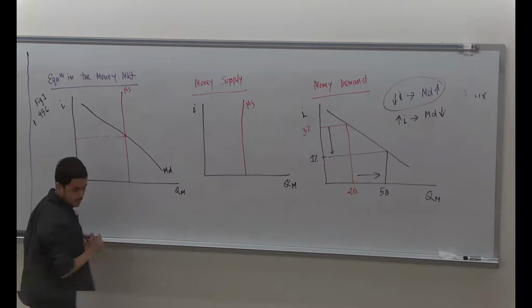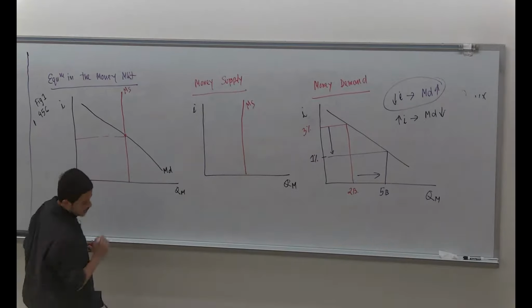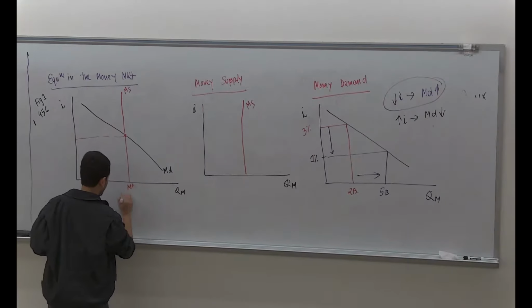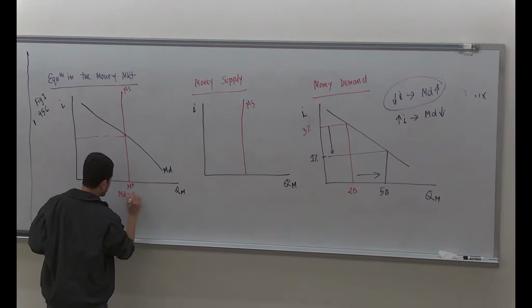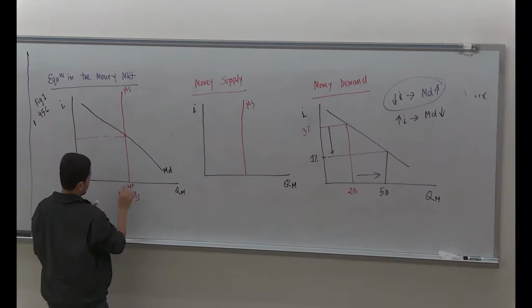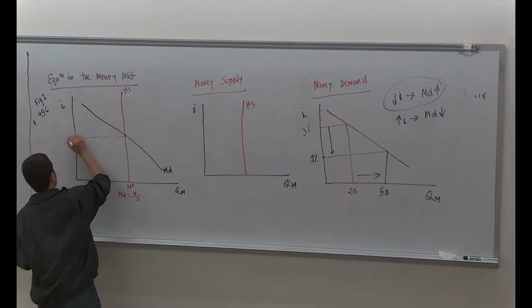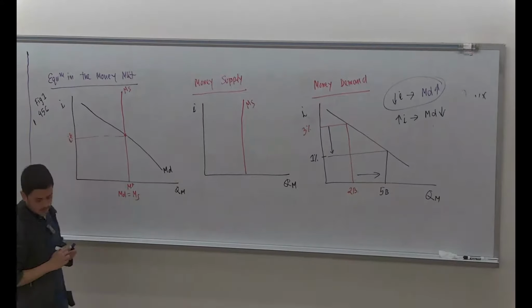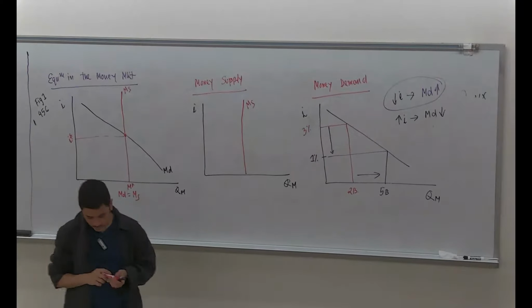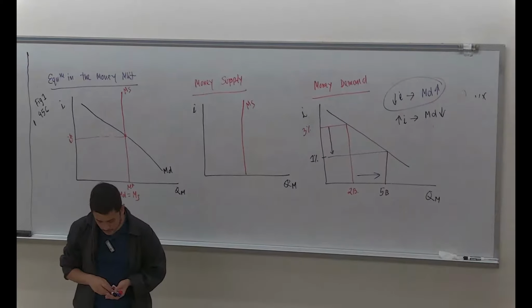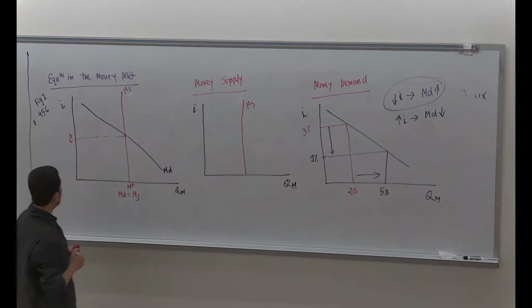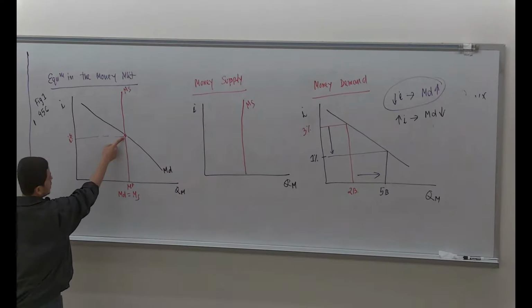At this point, money demand equals money supply. This is I star, the equilibrium interest rate.